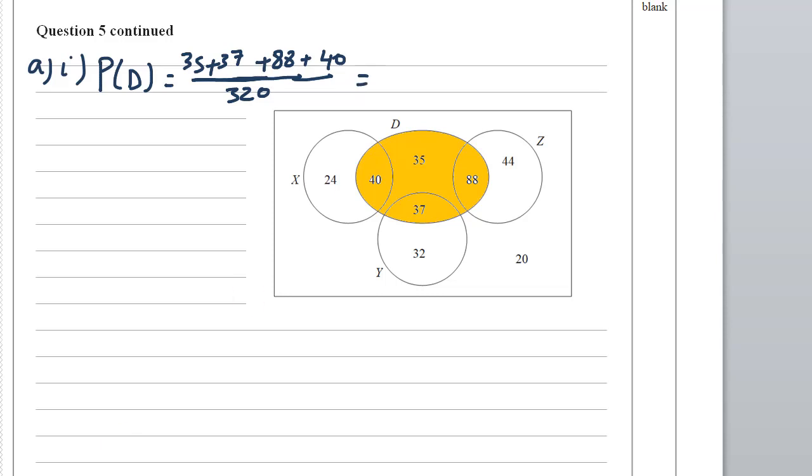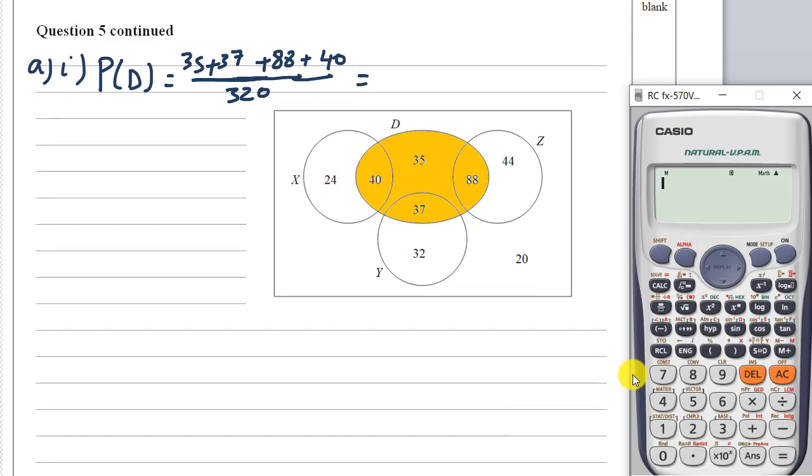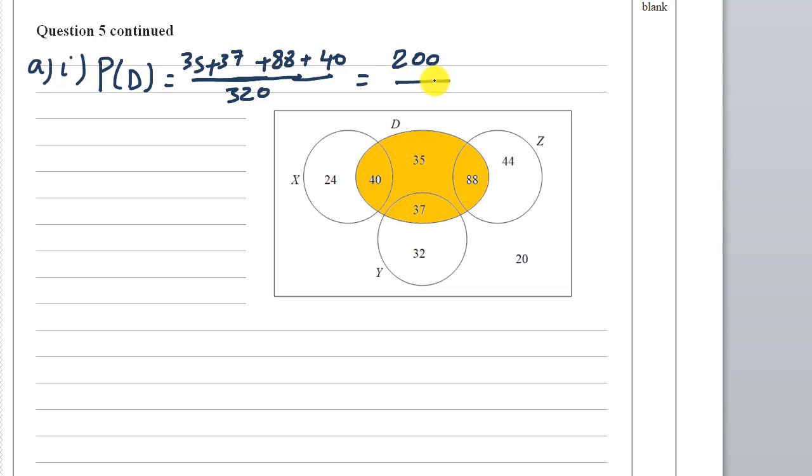So it's equal to 200 over 320, so 5/8. And this is the answer of the first part.